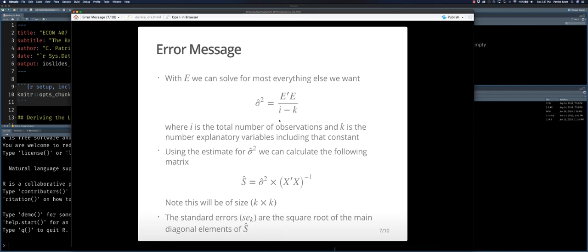We have n, the number of individual observations, and k, the number of parameters, so we can get sigma hat squared relatively easily. Once we have x prime x inverse, we multiply that by sigma hat squared, and we end up with our variance covariance matrix. That's of size k by k. It's going to be a square matrix. And then, of course, the square root of the diagonal elements of that gives us our standard errors.